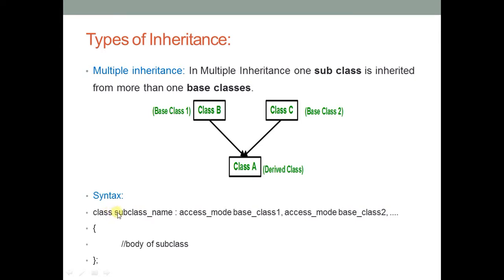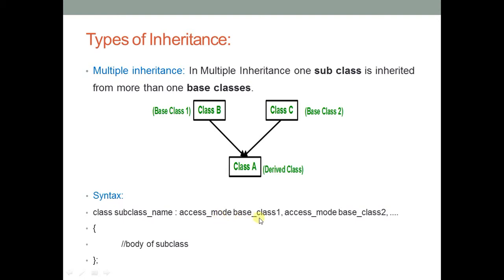Anyway, we'll proceed with this. You can see here how we can inherit in multiple inheritance. There will be only one derived class, the subclass name, and then the access control and base class 1. Because there will be more than one base class, it can be 2, it can be 5, it can be 10 also. The access mode can be private, public, or protected, based on how you are going to derive the base class.